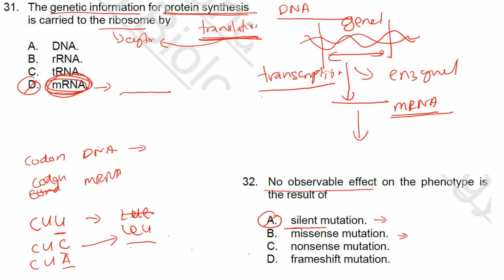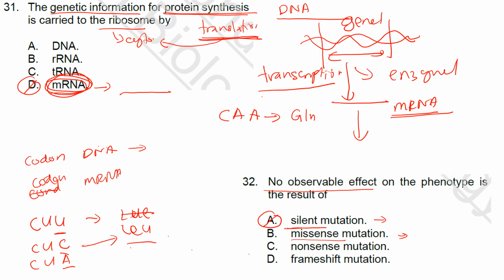As for missense mutation, the codon is changed and codes for a different amino acid. For example, you have the codon that reads CAA, which codes for the amino acid Gln. I'm not sure of the actual name.